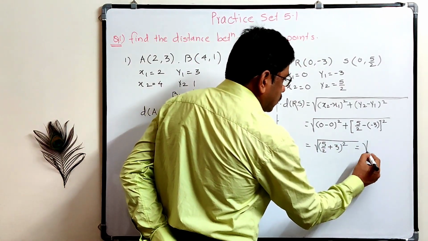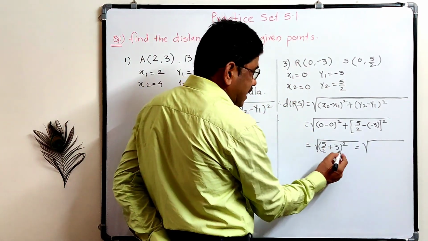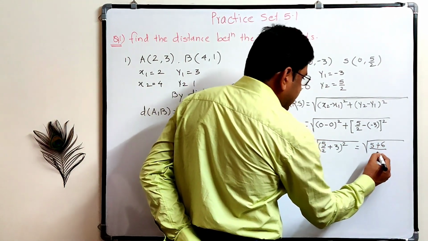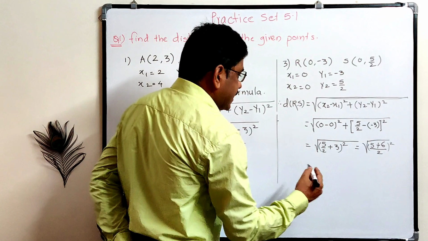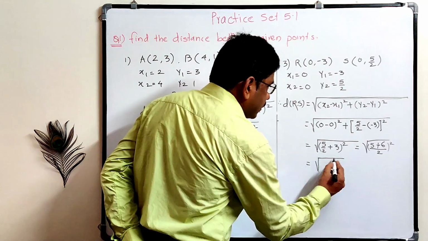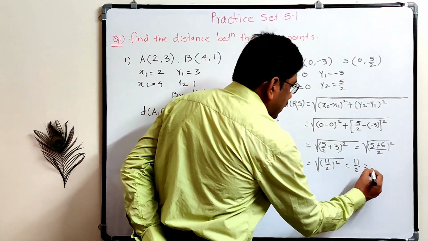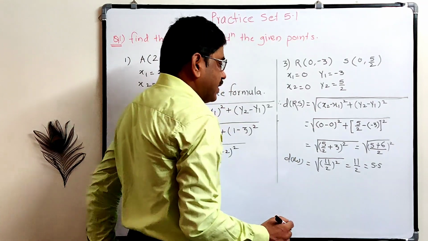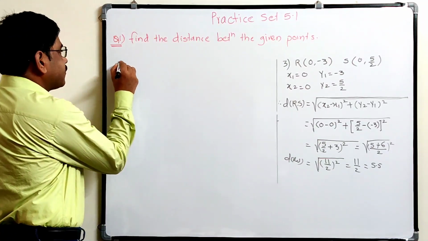So is equal to root of, now simplify this one, 5 ones are 5, plus 3 twos are 6, divided by 2 bracket square. So we get square root of (11 upon 2) bracket square. Now bracket square means 11 by 2. 11 by 2 means 5.5. So distance RS is equal to 5.5. So in this way, here directly we get square root.